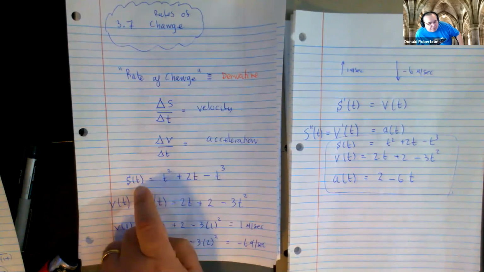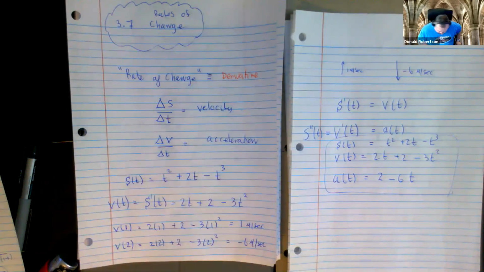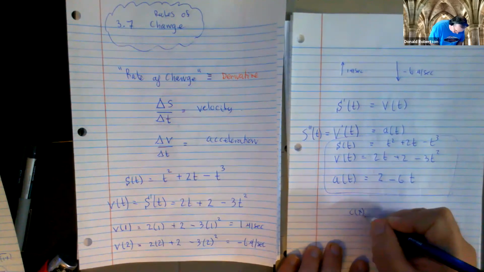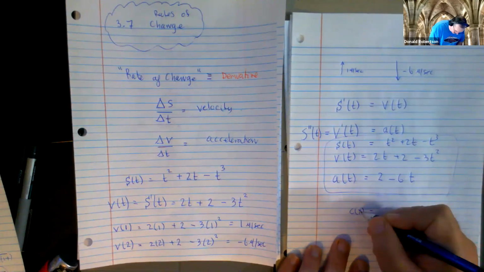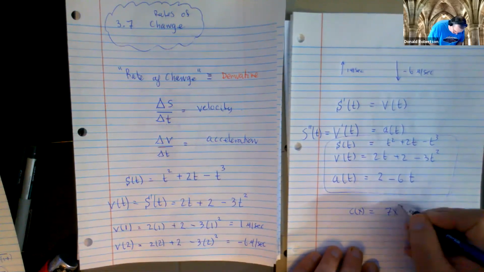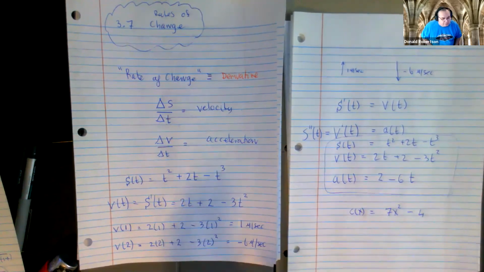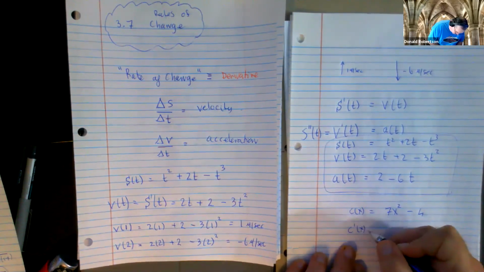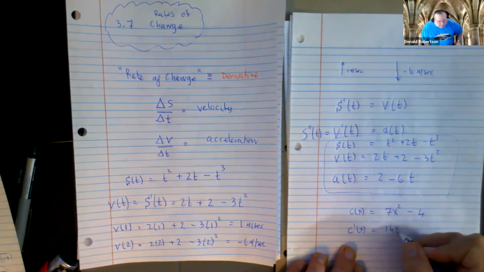Here it's position, but it could be anything at all. So if I said the cost function, when you produce x items, is 7x squared minus 4, and I wanted to know the rate of change of the cost function, it's that guy.